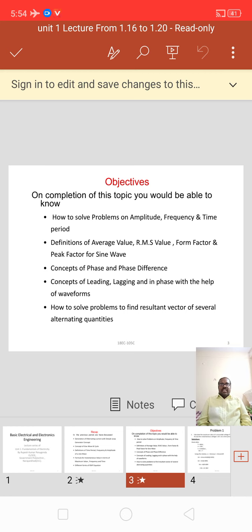Last but not least, we have to solve problems to find the resultant vector of several alternating quantities. Generally, the resultant vector of several alternating quantities has two components, a horizontal component and a vertical component, that is, the x component and the y component.